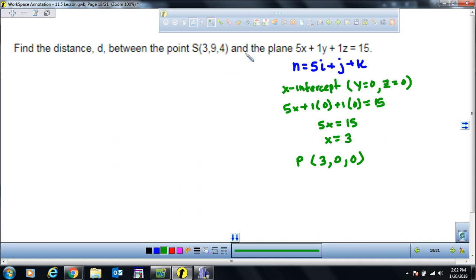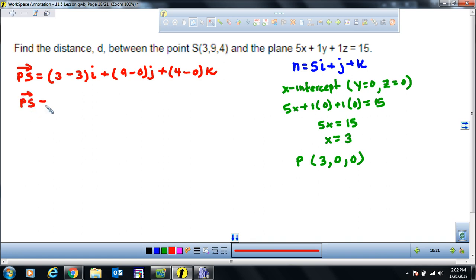Going from P in the direction of S, we're going to do S minus P. So (3 minus 3)i plus (9 minus 0)j plus (4 minus 0)k. And that will give us the vector PS, which is 0i plus 9j plus 4k.